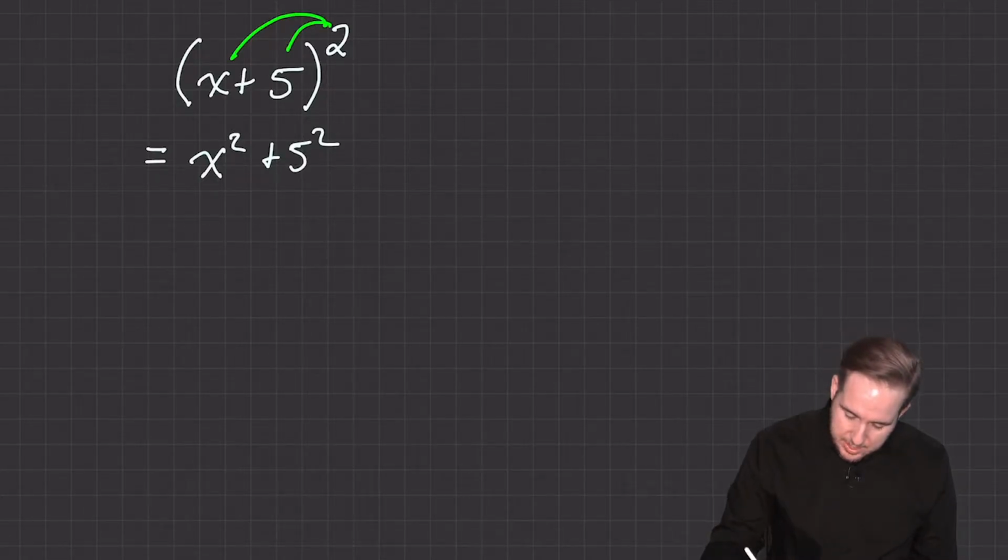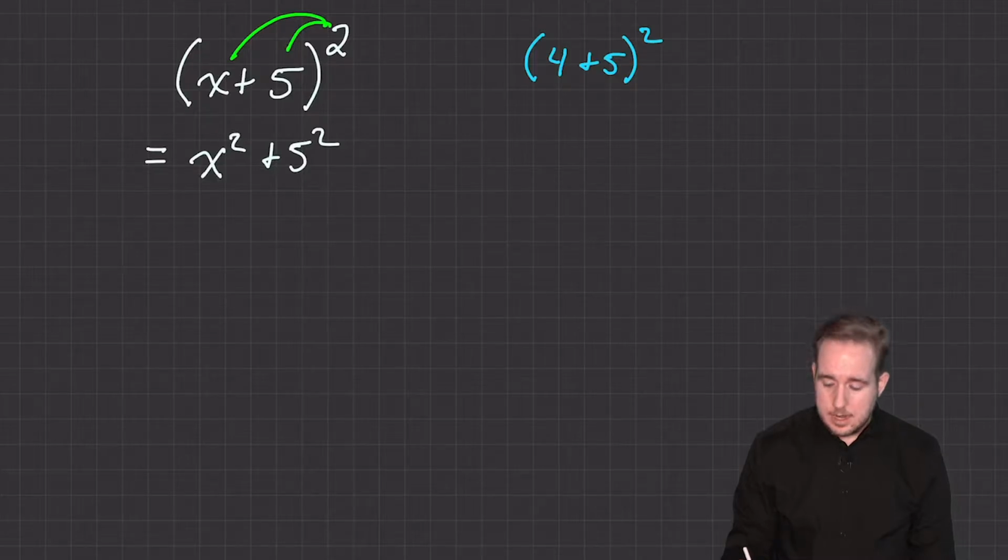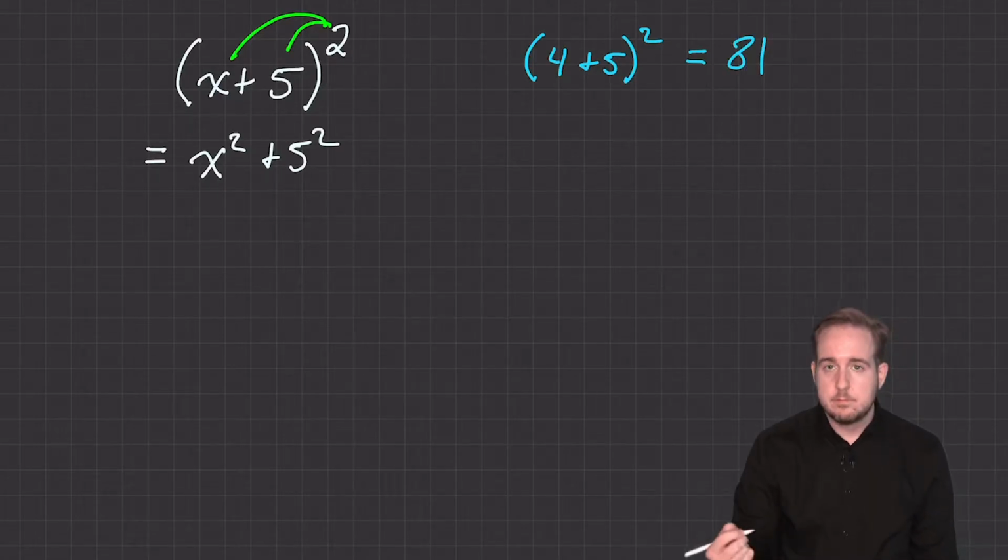Let's take 4 plus 5 squared. Now, we know, just from doing BEDMAS, 4 plus 5 is 9, 9 squared is 81. That's fine.